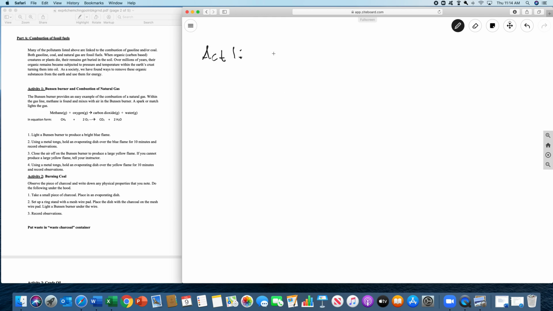So what we did in activity 1 is we take a Bunsen burner, and a Bunsen burner burns methane, and you can see it over to the left. This is methane. And then plus oxygen. And that's going to give you, of course, carbon dioxide and water vapor, and you need to balance the equation, and you'll be asked to do that.